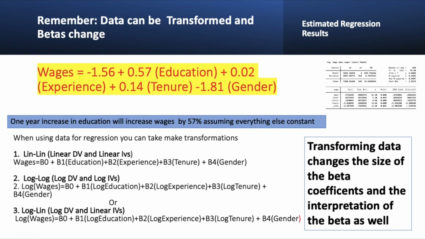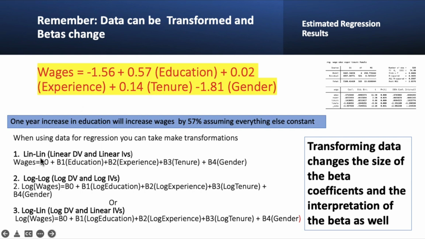And another thing that's very important to remember is that normally data, when it's being entered into the software for running a regression, is sometimes transformed. And when I say transformed, this equation over here can be transformed by using not wages but log of wages, not education but log of education, not experience but log of experience. Same for tenure.